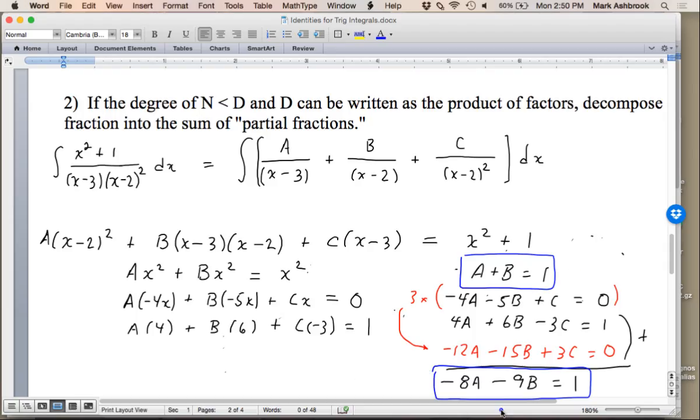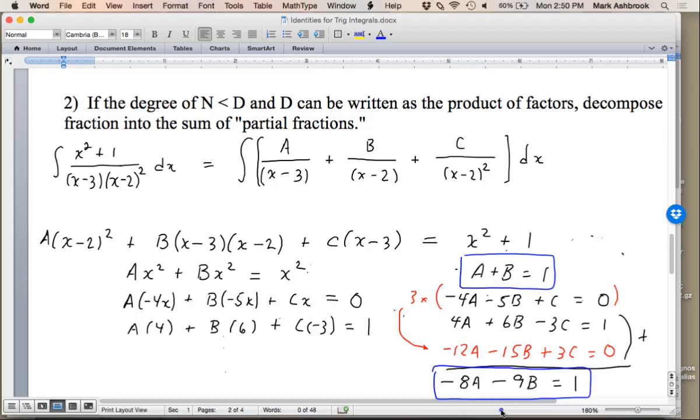So again, however you can solve that. Once I can get a and b from those two, then I can get c from either one of those first two. And I have a, b, and c. And then I would know exactly what my partial fraction decomposition was, and I can do the antiderivative.